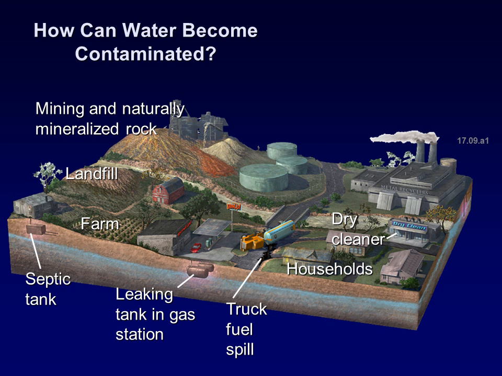Households. Our households contain all sorts of things that you wouldn't want to drink, right? Anything you would hide from your toddler or from your pets because you don't want them getting into it is a perfect example of a contaminant.